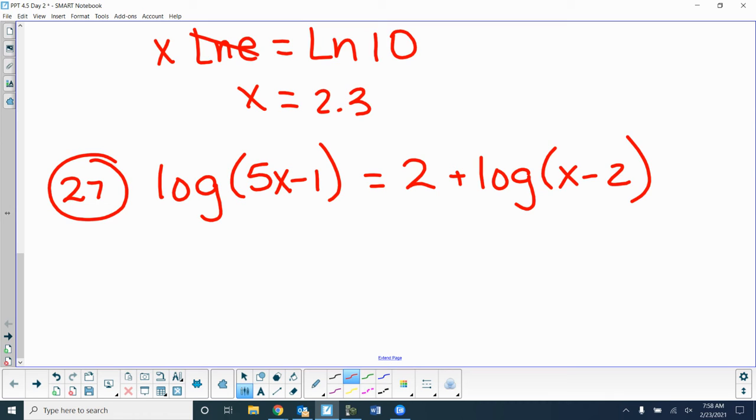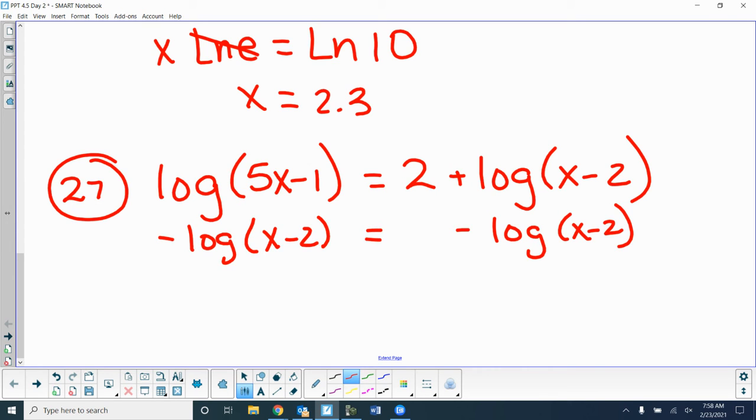Okay? But since I have this number 2 here, what I need to do is bring this log over with this one so that I can condense it into a single log. So how do I move the log on the right over to the one on the left? Gotta subtract it now. It's addition, so I do subtraction. So that those cancel.